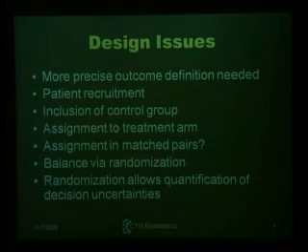Inclusion of control group. Remember, at the beginning, I phrased the question by simply saying, does drug A reduce blood pressure, right? So you might say, well, all I need to do is study how much the drop in blood pressure is, and if it's positive, drug A produces blood pressure drop. But typically, or almost always, we have a control group, and the reason for that is, first of all, placebo effect. Okay? So we have to make sure that we are showing the effectiveness beyond the placebo effect.